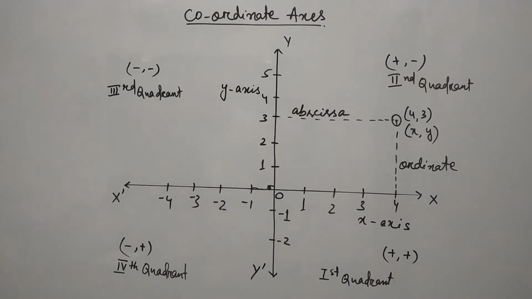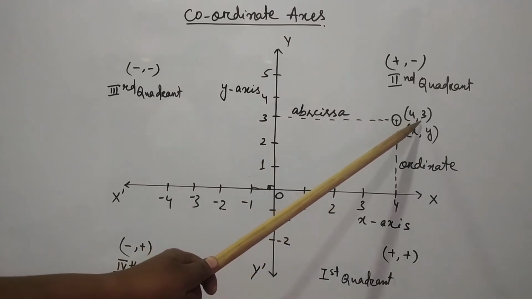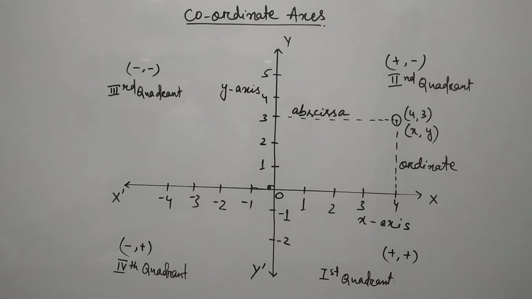As we know, coordinate geometry means to locate points on a plane. So you can see this is a plane on which we have to locate points, and suppose we are supposed to locate the point 4, 3 on the plane.